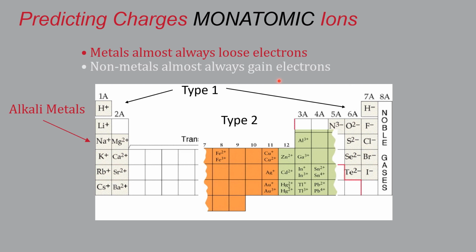And just to review some names, because you'll hear these a lot. That first group is referred to as the alkali metals. Second group, alkaline earths. Third group, this group right here with oxygen, these are called the chalcogens. The group with fluorine on the top, chlorine, bromine, and iodine and such, they are the halogens. And again, the metals in the middle are referred to as the transition metals.